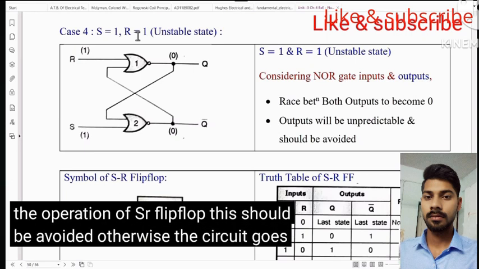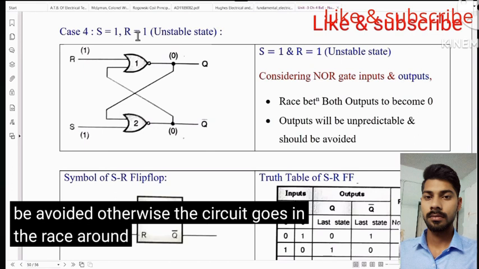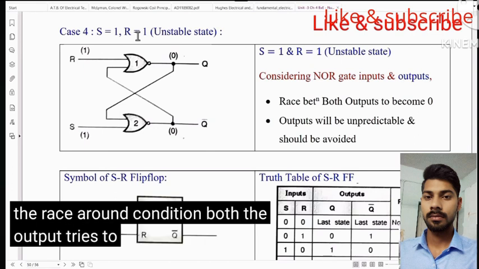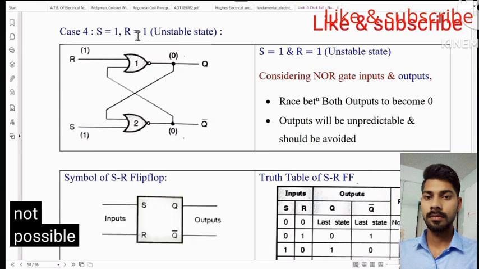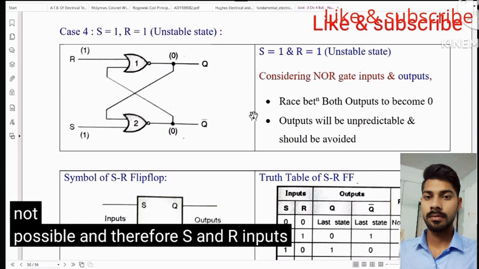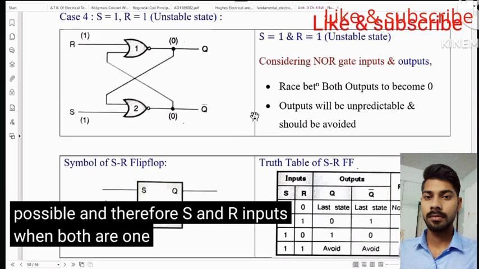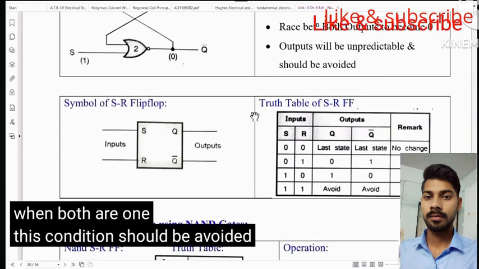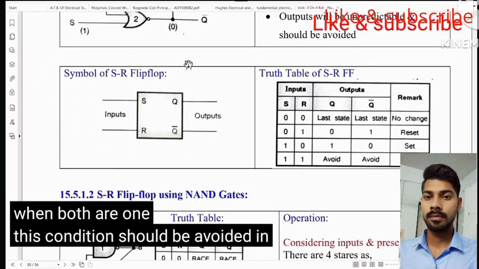Otherwise, the circuit goes into the race around condition. Both outputs try to become one, and that is not possible. And therefore, when S and R inputs are both 1, this condition should be avoided in practice.